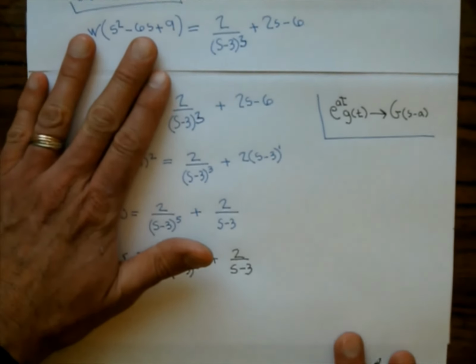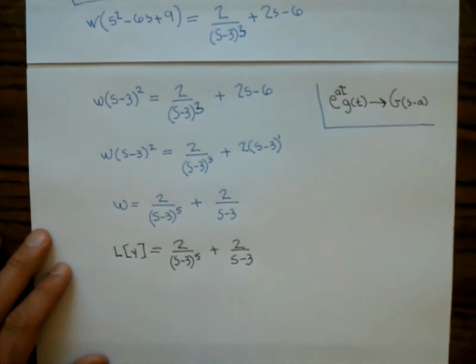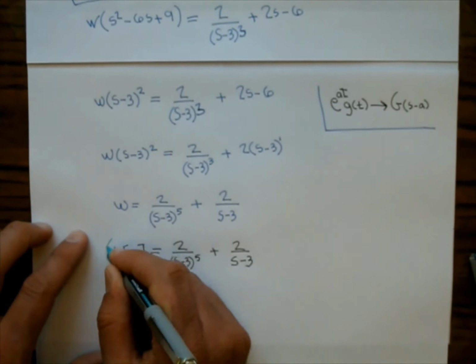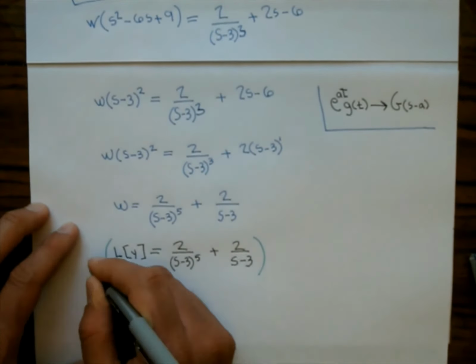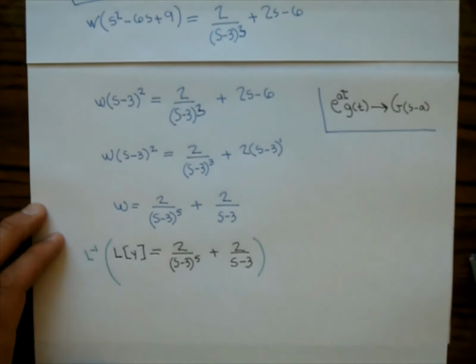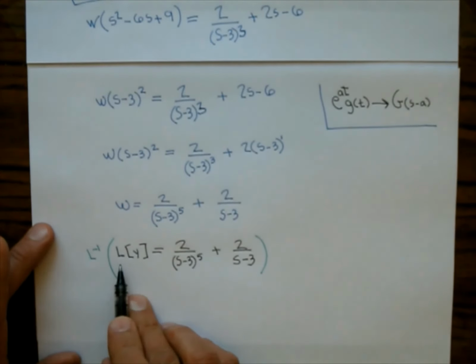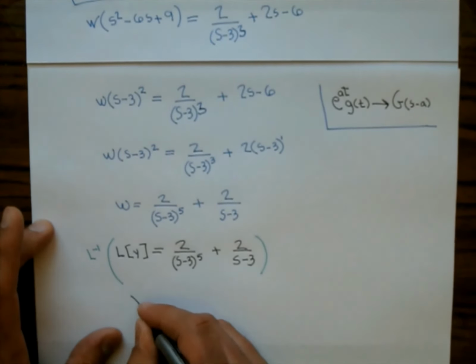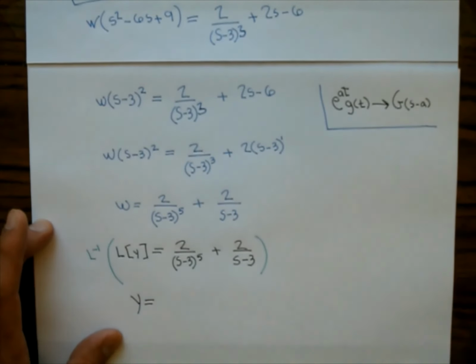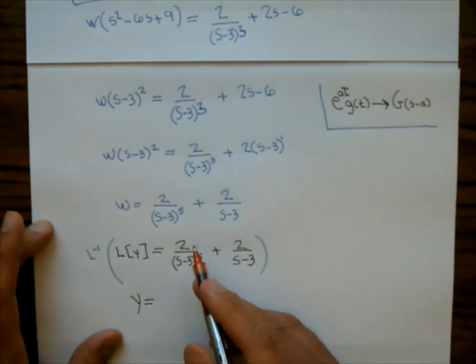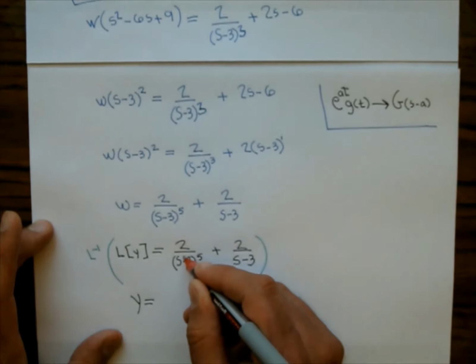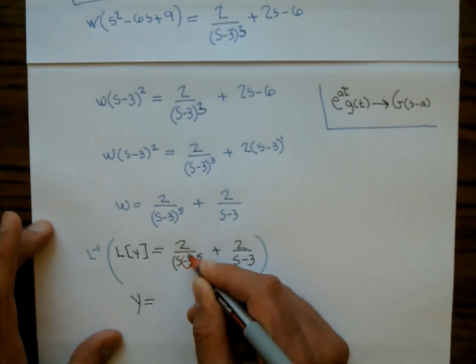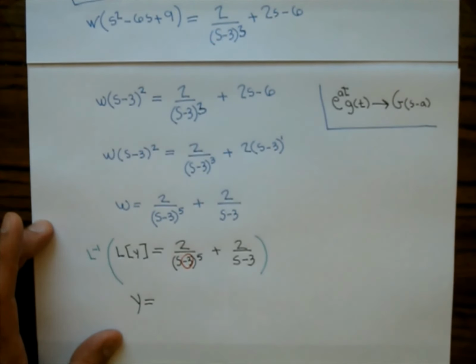So let's continue here. I'm going to inverse transform both sides of the equation. So that's L inverse. So the inverse Laplace transform of the Laplace transform of y is y. Okay, the inverse transform of this, I see there's a shift here, so I'm going to circle that in red. I'm going to ignore that minus 3 temporarily. So I have 2 over s to the 5th.